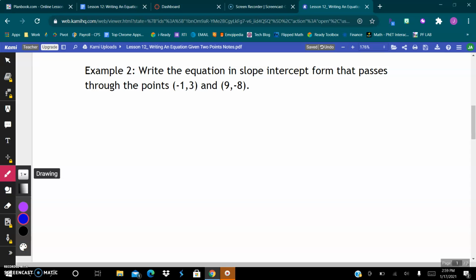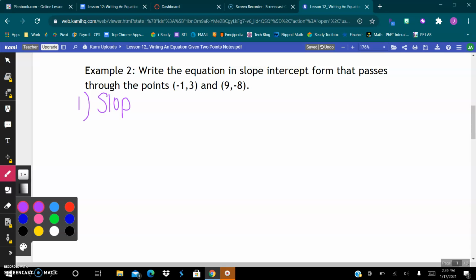Okay, same type of question here, slope-intercept form. Write the equation in slope-intercept form that passes through these points, (-1, 3) and (9, -8). So again, step 1 is our slope. That y2 minus y1 over x2 minus x1. So y out of that second point is -8, minus y out of the first is 3.